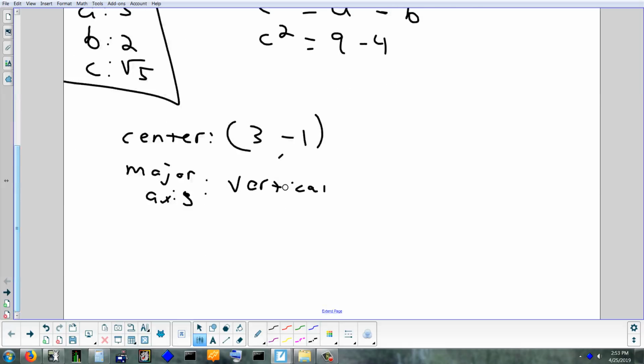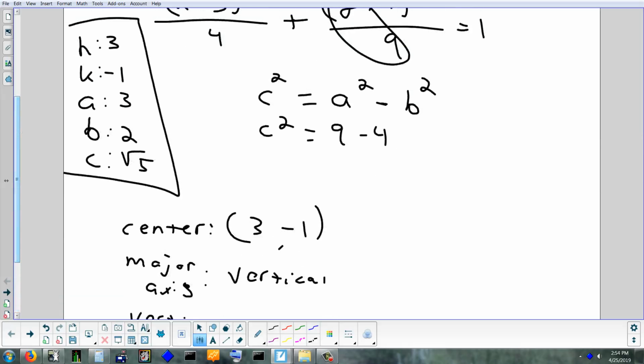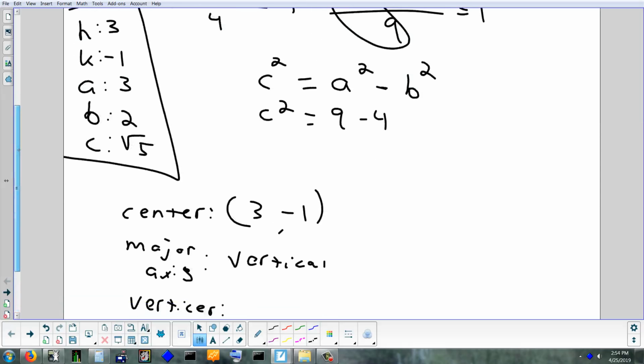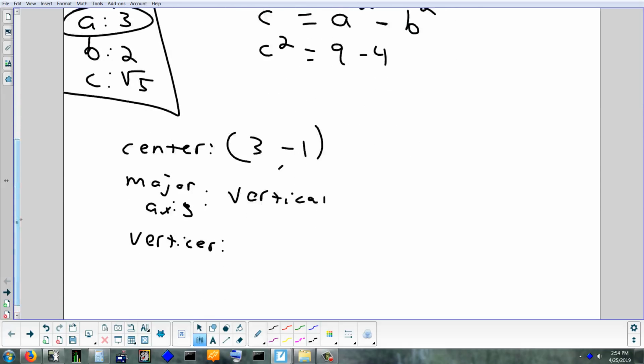And now, let's do the vertices. How far away from the center are the vertices? 3. So 3 units away from the center, vertically: 3 units up, 3 units down. What would be 3 units up from negative 1? 2.